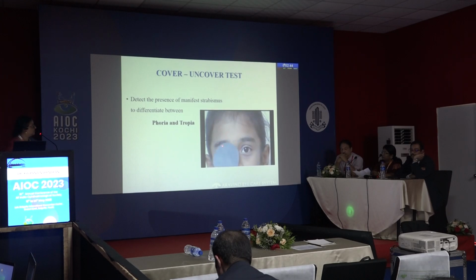So this is a cover-uncover test, mainly to differentiate. This is a child with intermittent exotropia. You can see very well that, see, she's deviating. So the cover-uncover test will help you to differentiate between a phoria and a tropia. You have to break the fusion. So you see now, it gets the fusion broken and she deviates. So this is the cover-uncover test.